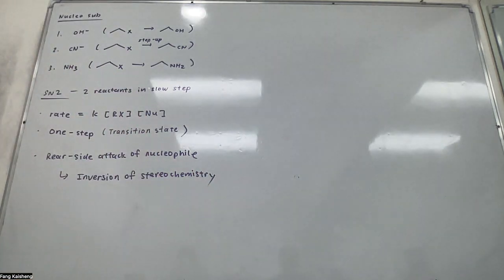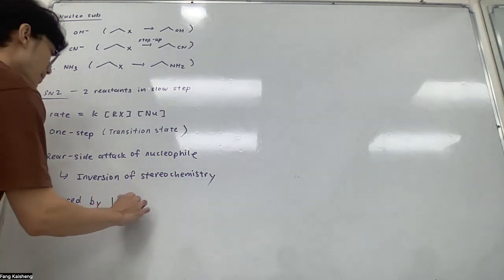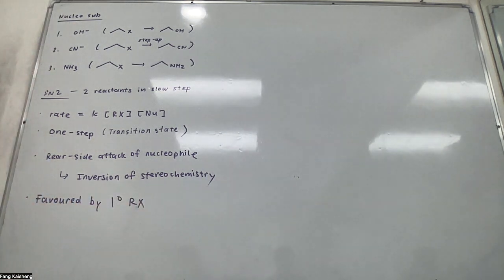There are also other things. Number one, SN2 is preferred by primary haloalkanes. I say favored by primary; it's not exclusive to primary, because it is possible for tertiary to undergo it, just with a much lower chance. I asked you to write it down on the big piece of paper, also that table. We can go through that very briefly later on.